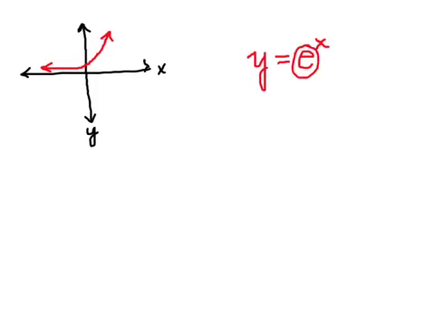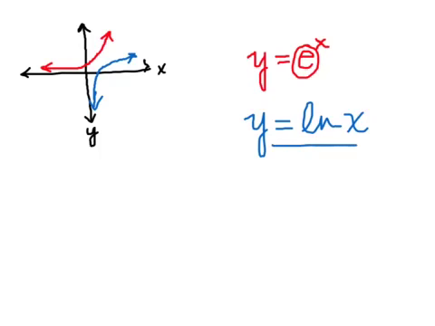It's 2 point something, so it's obviously greater than 1, so it's a growth function. You know now that the inverse function of an exponential function is a log function, and the log function has this general shape to it. And that would be the ln function as well, it would have that general shape.